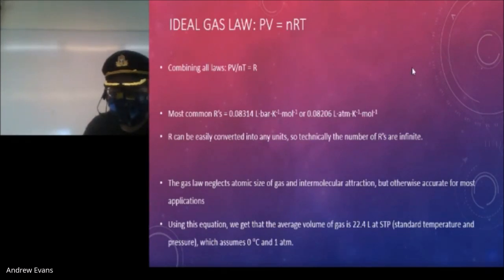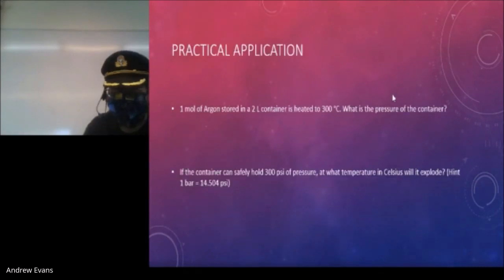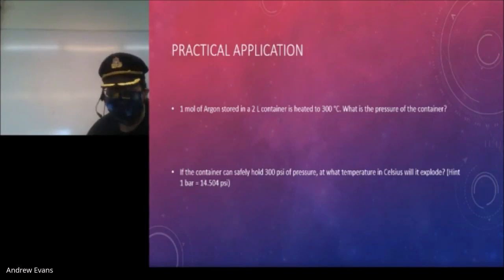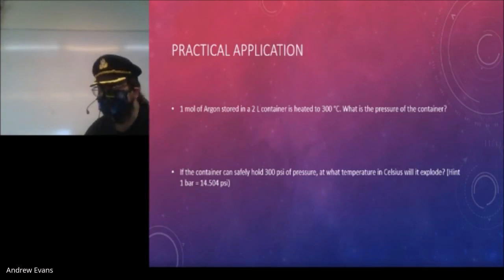We're going to start off this class period by looking at some potential applications. It's all well and good to have PV equals nRT, but what does it mean to actually use it? This chapter especially, but the last chapter as well, is filled with equations.